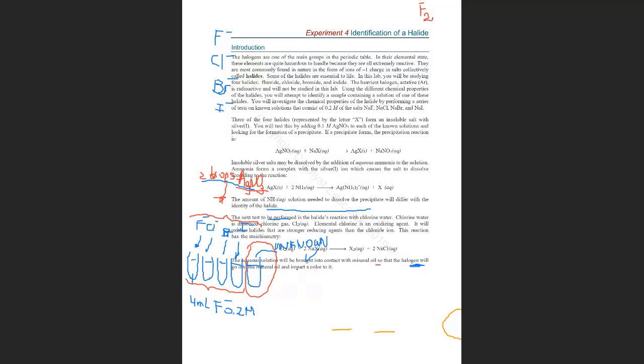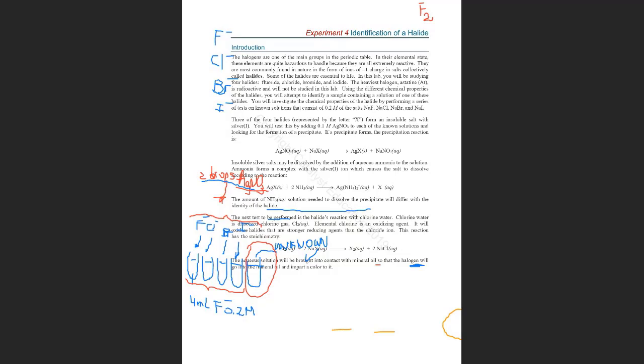So let's say you have this one, silver chloride. You might need about 15 drops. If you have silver bromide, you continue to add, and you might need 25 drops of ammonia until you dissolve the precipitate.